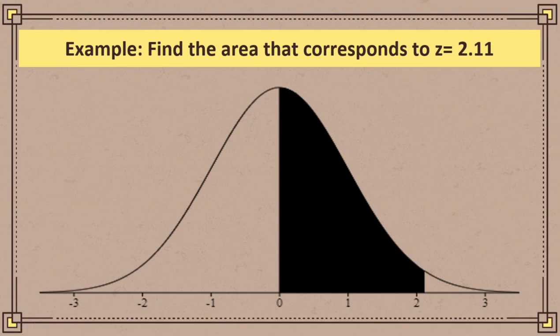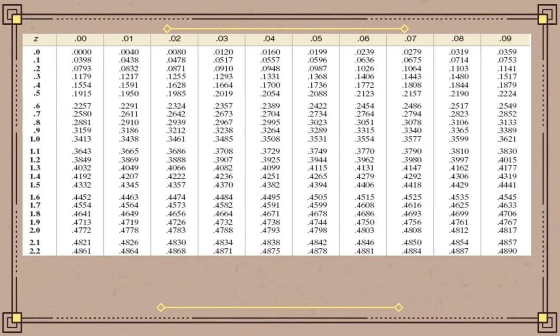We will now find the corresponding area of z equals 2.11 using the z table that I showed to you earlier. We have here 2.11, right? Look at the first whole number and the first decimal. So that is 2.1. Now, look at the z values and find 2.1.